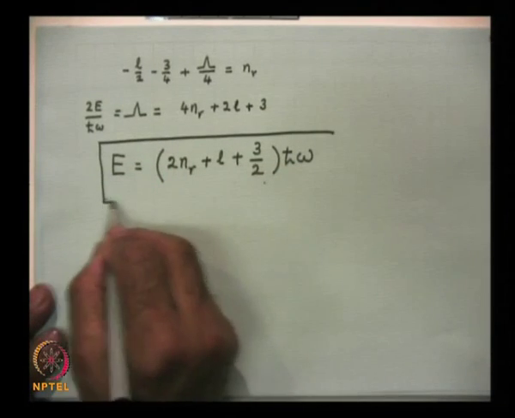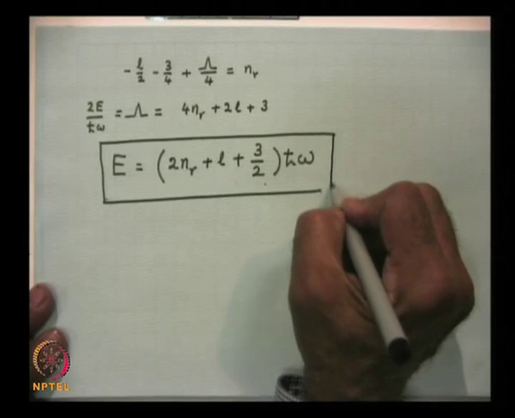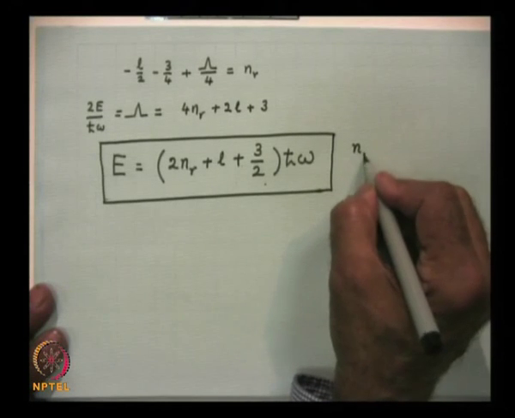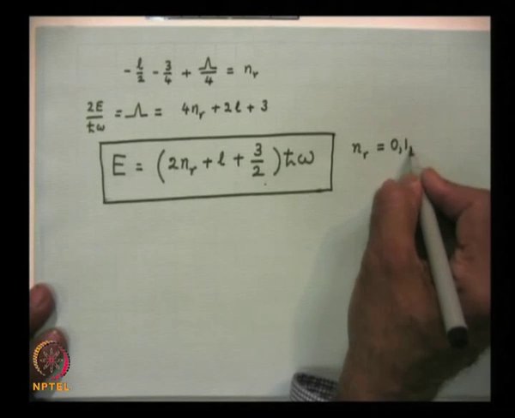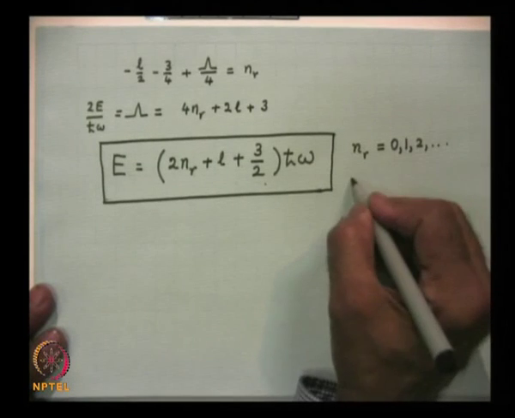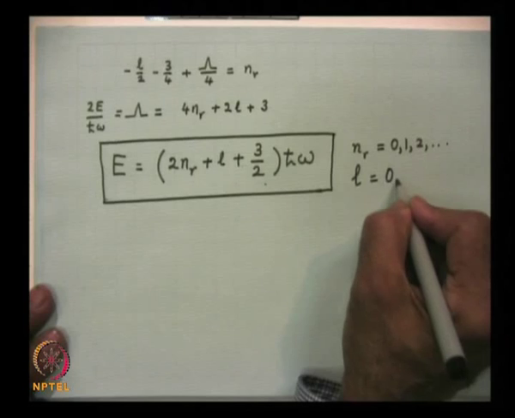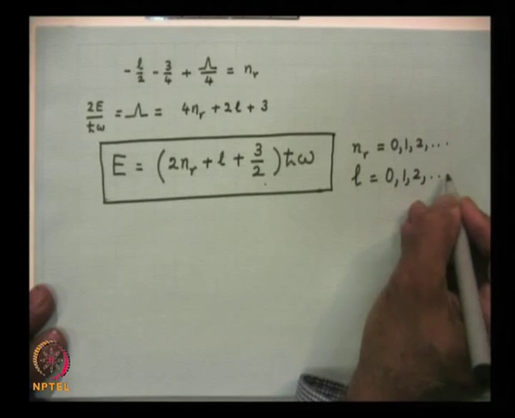So, these are the rigorously correct energy eigenvalues, where n r and L both take the values 0, 1, 2, 3, etc.